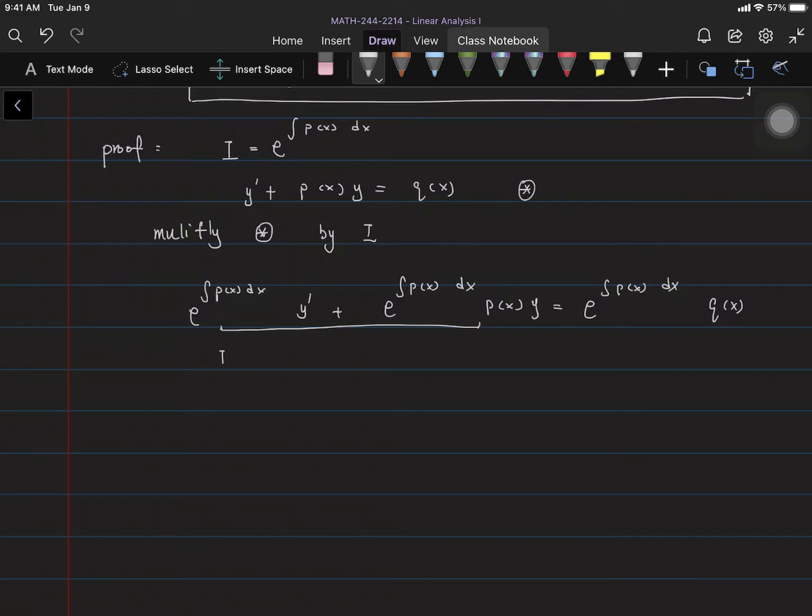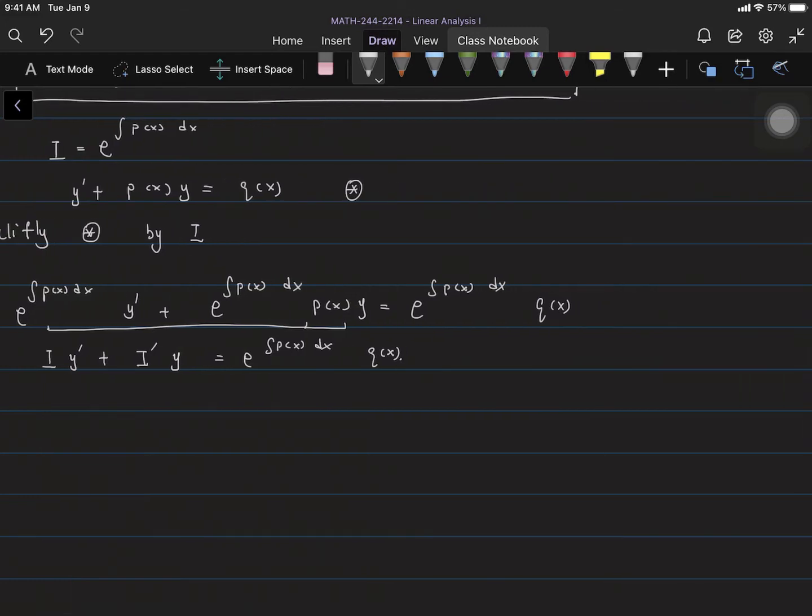So this looks like I y prime plus I prime y, because I is an exponential function. So I prime equals what?